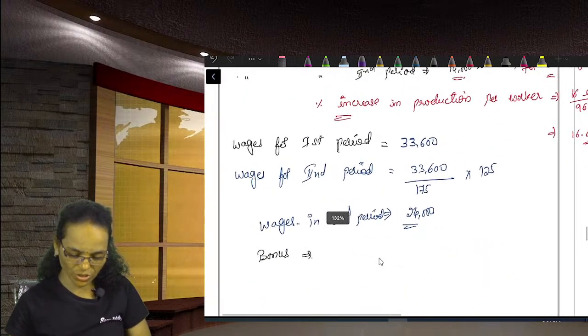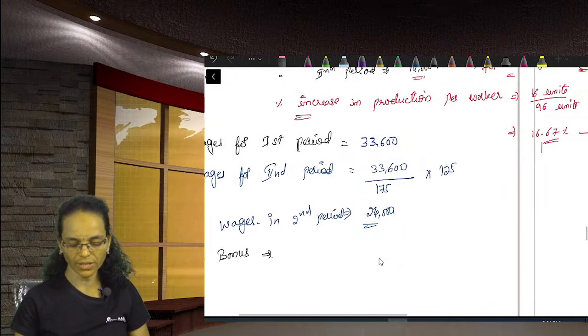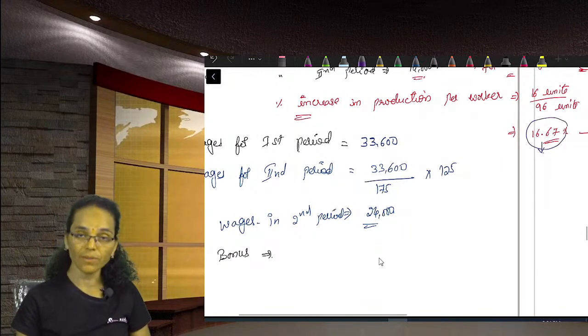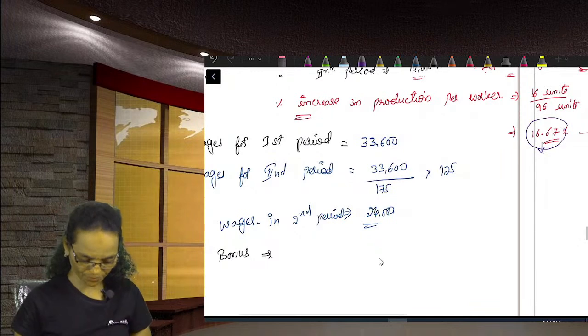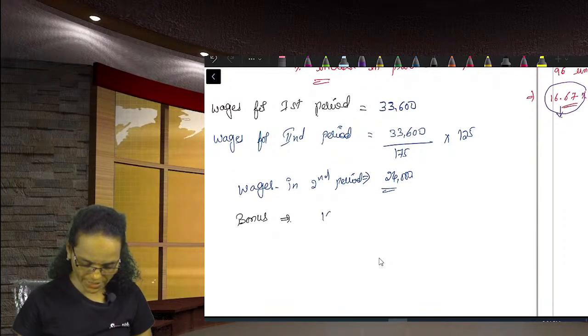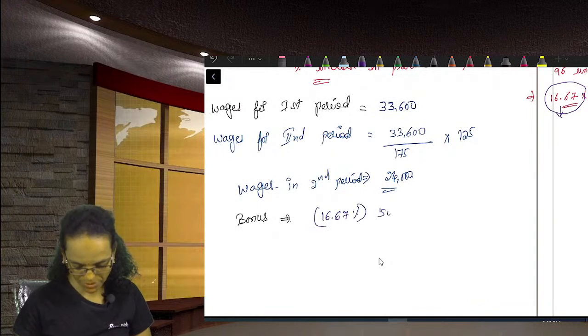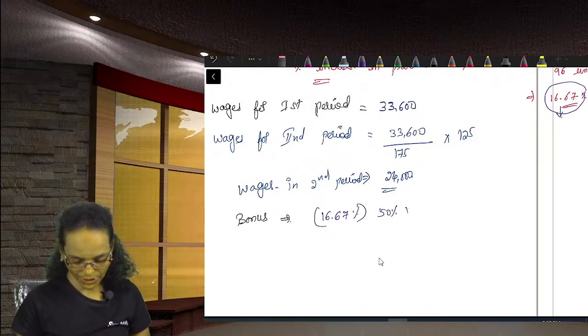See, what is the individual output increase here? This one. So in this, 50 percentage. So I can say 16.67 percentage into 50 percentage into wages. What is the wages we are paying? 24,000.